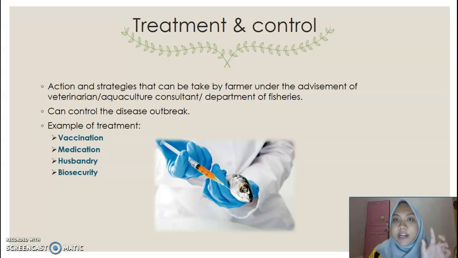Okay, next, the next step in disease management is treatment and control. Treatment and control is actually action and strategies that can be taken by a farmer when the farmer has identified and detected the disease in their farm. However, it must be under the advisement of a veterinarian, aquaculture consultant or Department of Fisheries.